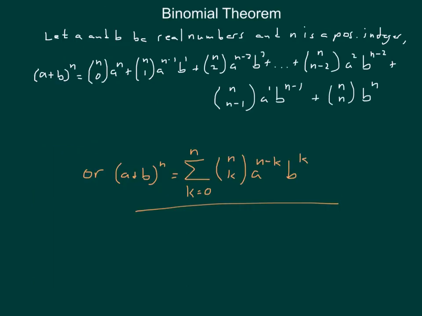So now we get to what's called the binomial theorem. We're going to let a and b be real numbers, and n must be a positive integer.